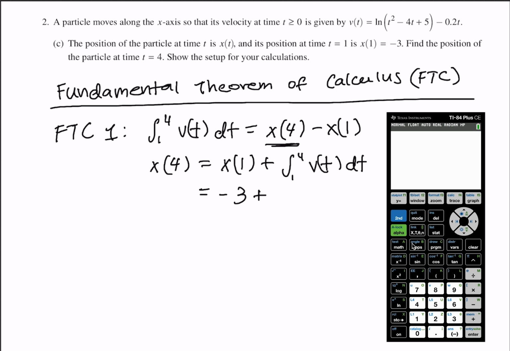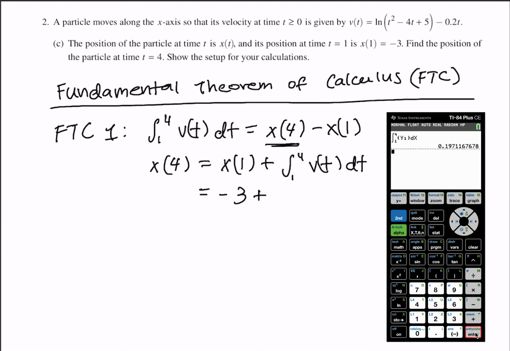So we can hit math, and then 9 for the integral, and then we're going to do from 1 to 4, and since we already have v of t plugged in as y1, we're just going to put in y1 again. And dx.